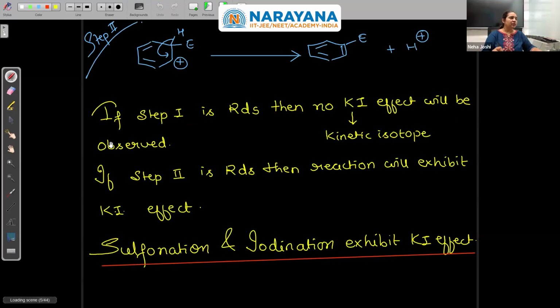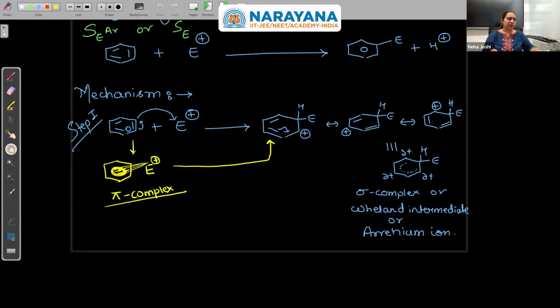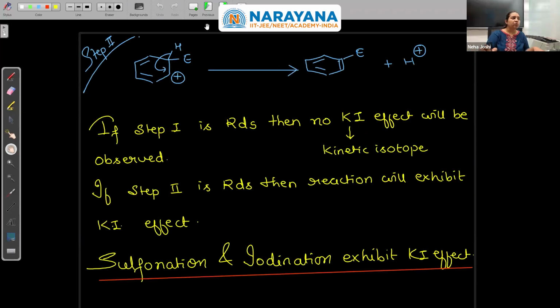Okay, so in that first step, we have lost the aromaticity. Benzene is no more aromatic, it is a resonating cation. But in step 2, we have to gain our aromaticity back. When we want our aromaticity back, we have two choices.